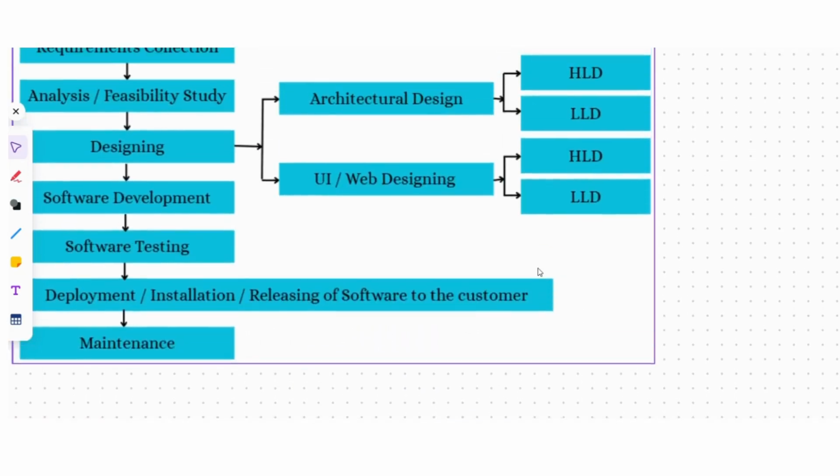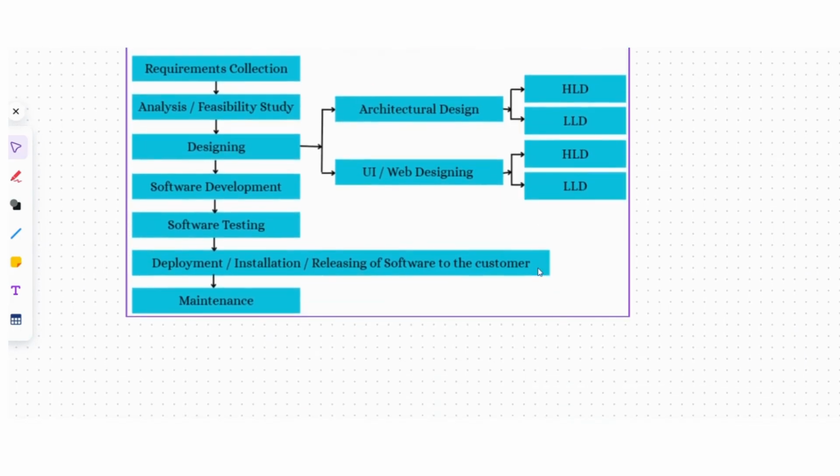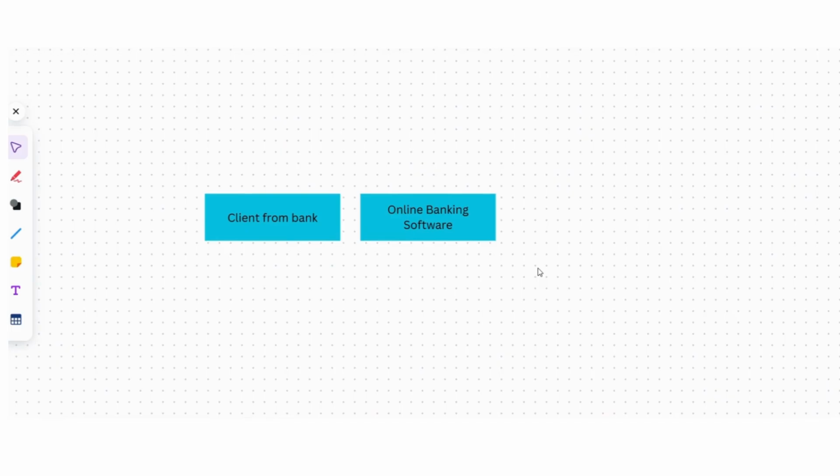So the first stage is requirement collection. In the requirement collection, the team member from the software company will go to the client who wants this software and ask him what features he wants in the online banking software.